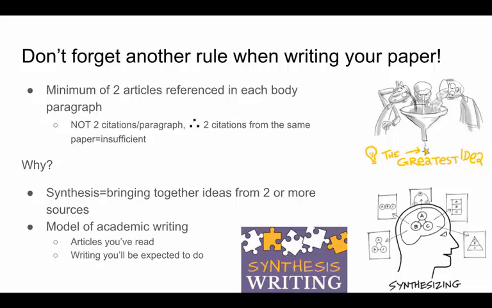Sometimes you'll just be asked to reflect or write about one paper, but it happens a lot that you have to bring in ideas from multiple sources and really show a multifaceted understanding of a topic and what you know about the topic. So I hope that answers your questions about how many articles you're going to need in your paper. Thanks so much.